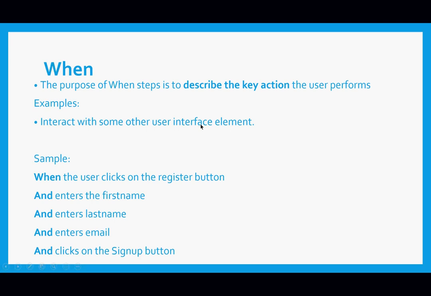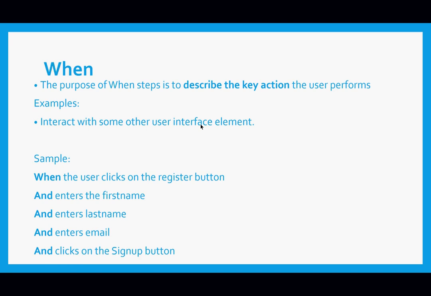Then the given is followed by the when clause. Like I said before, the when describes your actions, what the user should perform on your site, and you can list them. Basically, this is when users are interacting with different elements on your platform.